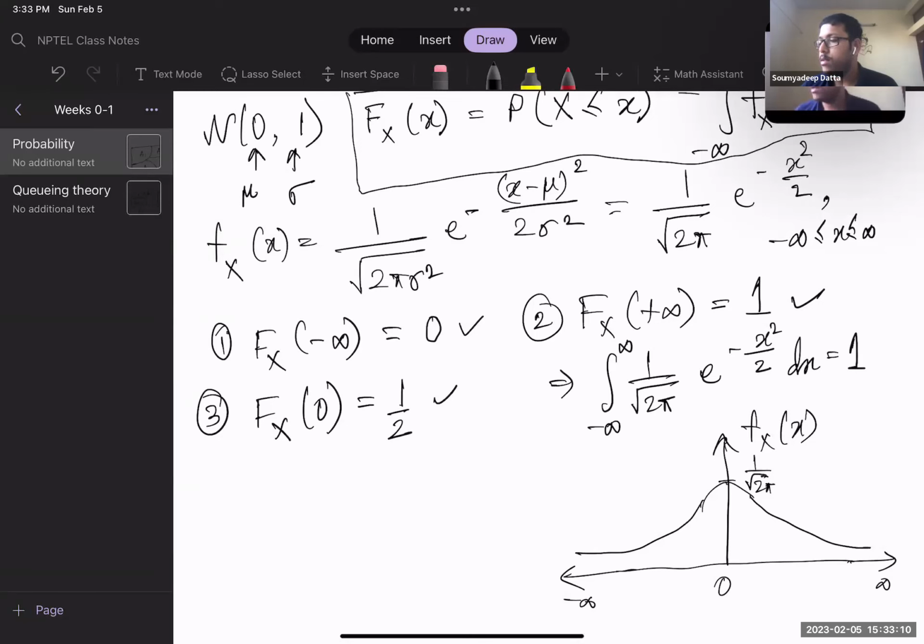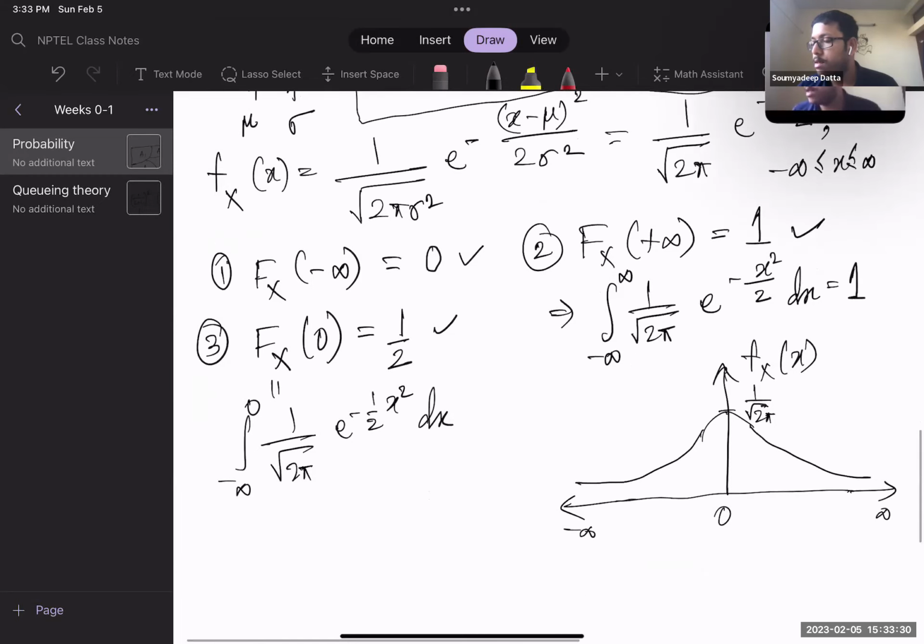So by that property itself, Fx of 0 will be the integral from minus infinity to 0 of 1 over root 2 pi e to the power minus half x square dx. And this will be exactly the same as if you integrate this same function from 0 to infinity.